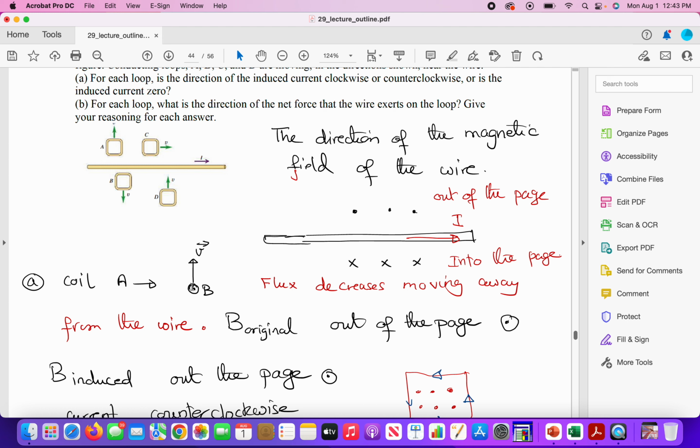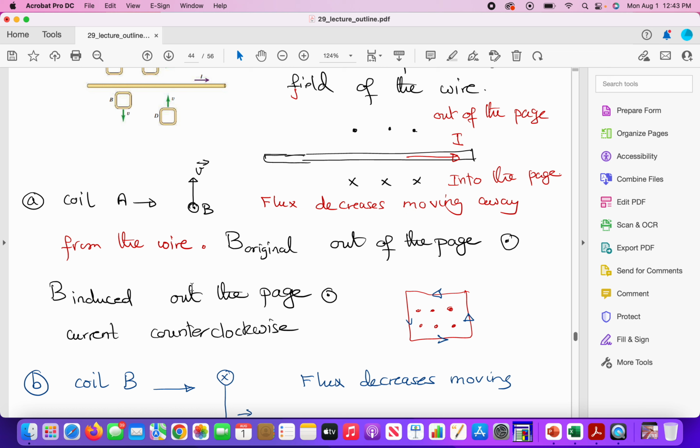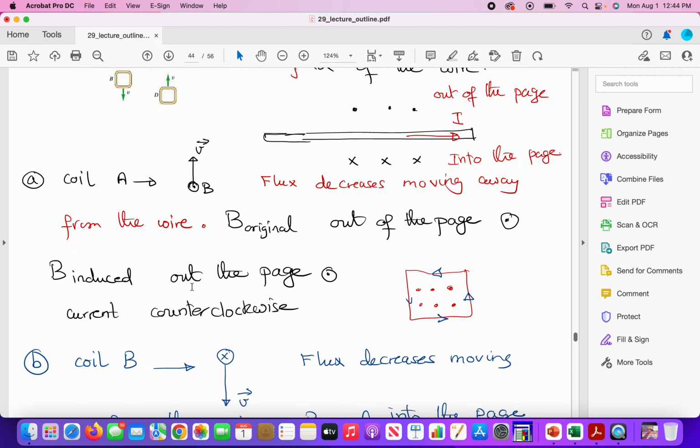Therefore, again using the right hand rule for the current, we find that the current should be counterclockwise. You point your thumb out of the page, and your fingers curl counterclockwise. This is the direction of the current.